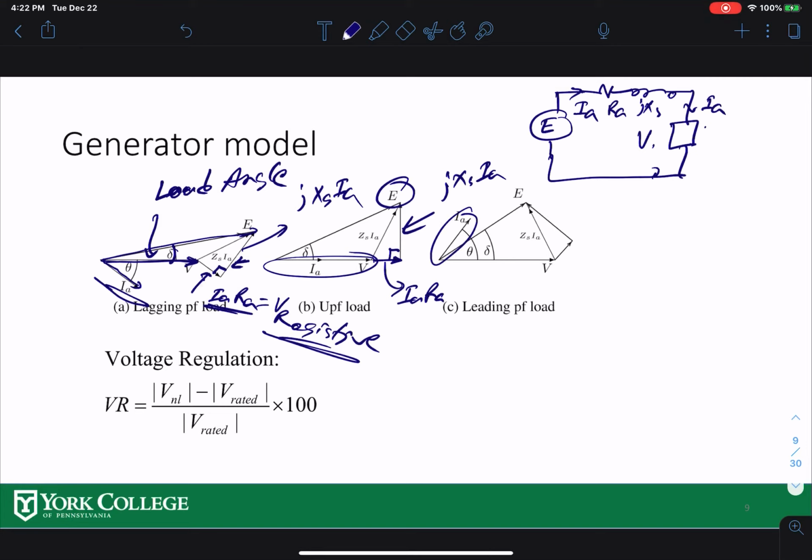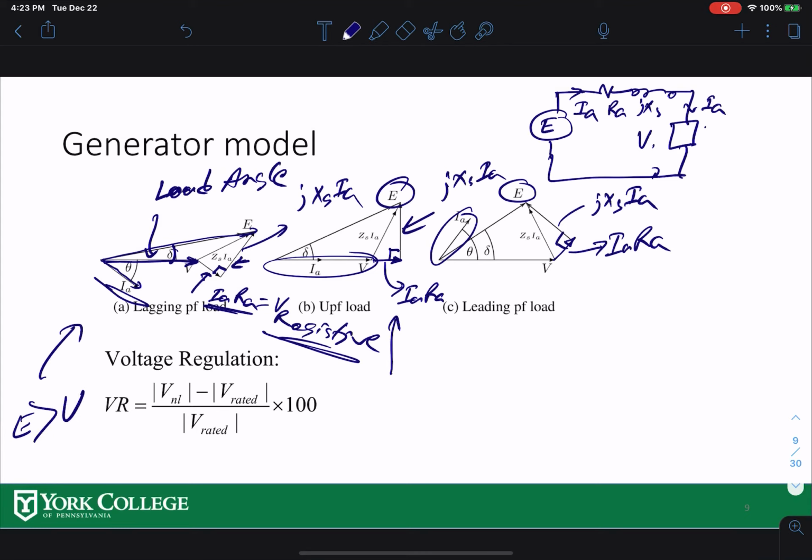The IA RA is also in phase with the current, then we have the 90-degree angle for jXS IA. So you can see that for lagging power factor, EA is greater than V. For unity power factor, E is also greater than V. For leading power factor, E is smaller than V. Those are the three different cases.